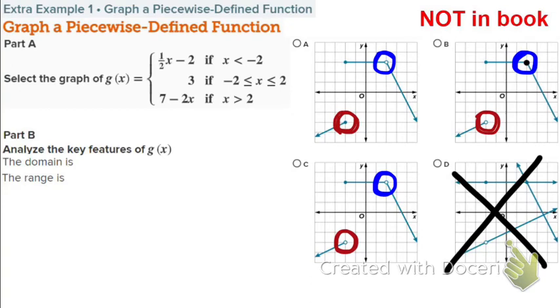All right, so now we've got to figure out which of these 3 graphs that look almost identical goes with this. What is it that decides closed or open dots? Where do I look? How did we decide whether we were going to fill it in or not?